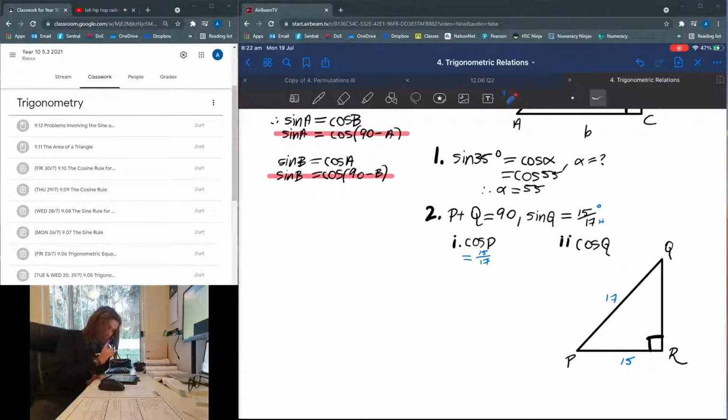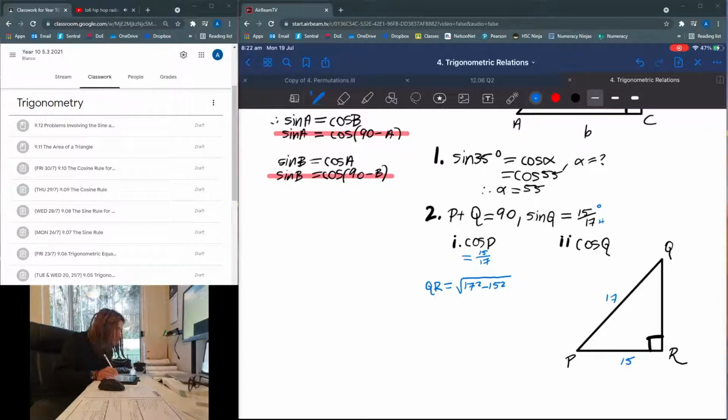The difficult one is cos Q. For cos Q, I need adjacent over hypotenuse. So that means I need to figure out what this is. Luckily, it's not called X, it's called QR. QR is equal to, we should be able to do this in one step, the square root of 17 squared minus 15 squared.